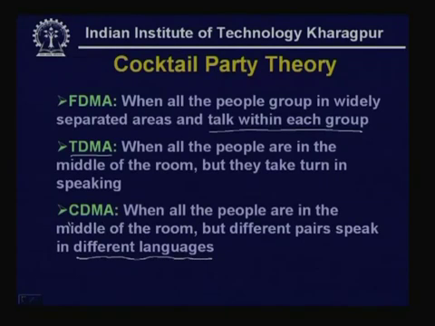So this is equivalent to CDMA, or code division multiple access. So here we shall see how all the people can talk simultaneously at the same time. They will not interfere with each other, or each of them can separate what they are talking within the group. So this is the cocktail party theory, the analogy of the three channelization approaches based on cocktail party theory.